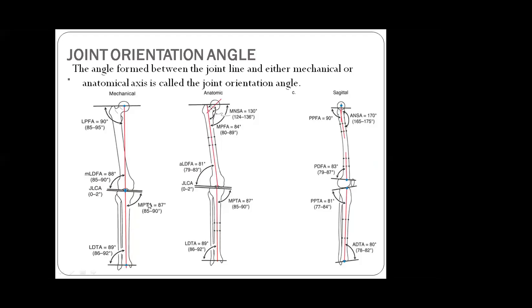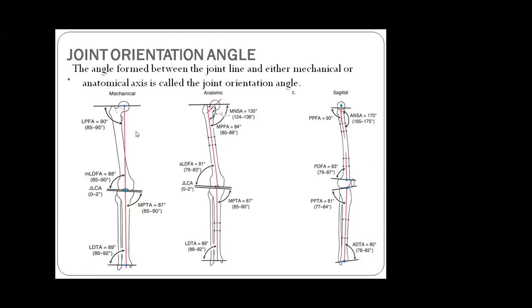So lateral proximal tibial angle will come out to be 180 degrees minus 87, that would be 93 degrees. But for practical purposes and for planning, we should remember only one value at each side of the distal femur, proximal tibia, ankle and hip joint. Similarly, distal tibial angle comes out to be 89 degrees, range is 86 to 92 degrees.